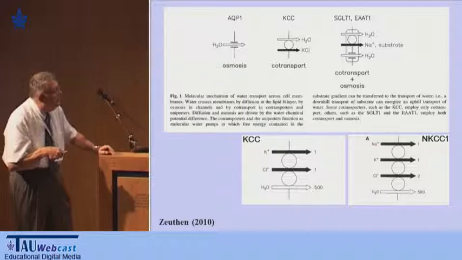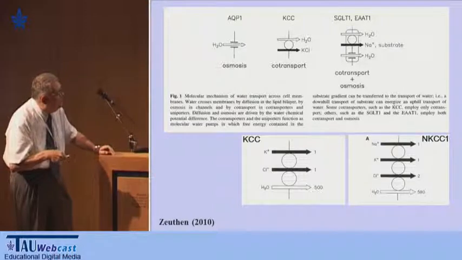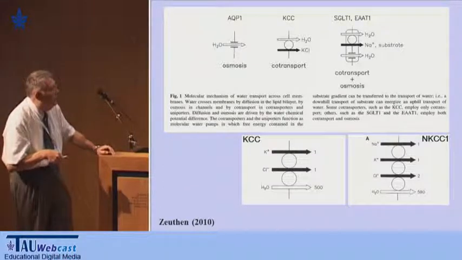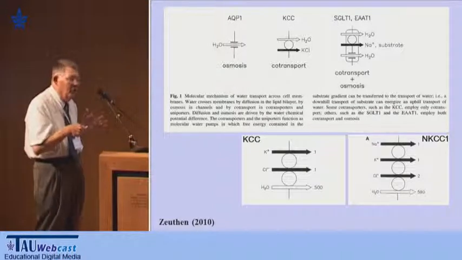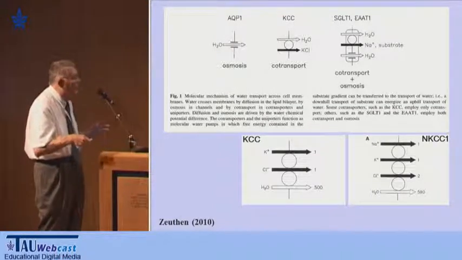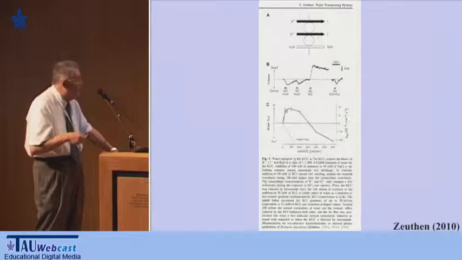And the stoichiometry is big time. 500 water molecules for every chloride and potassium, or 590 for each for those. There's a lot of obligatory water co-transport going on parallel to the co-transport of solutes.